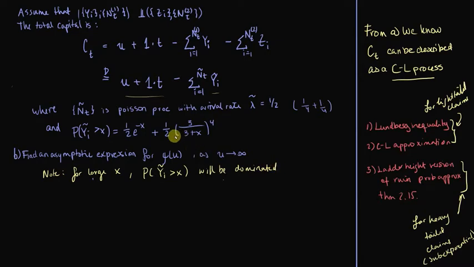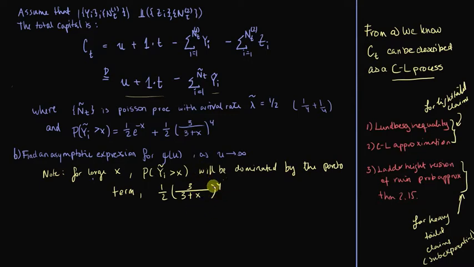Well, it would actually be dominated by the second term. So it will be dominated by the Pareto term, namely 1/2 multiplied by 3 divided by 3 plus x to the fourth.